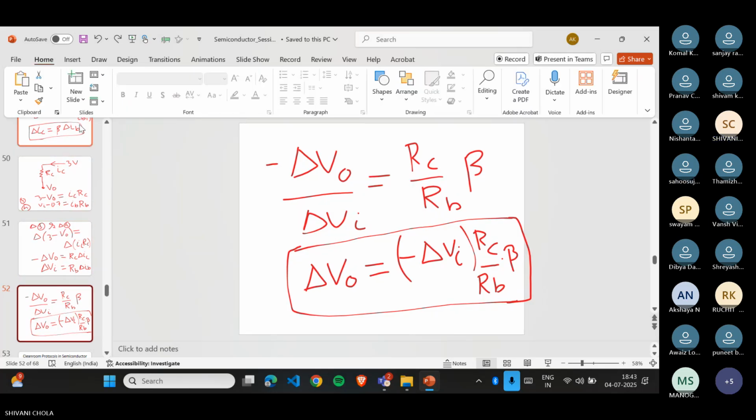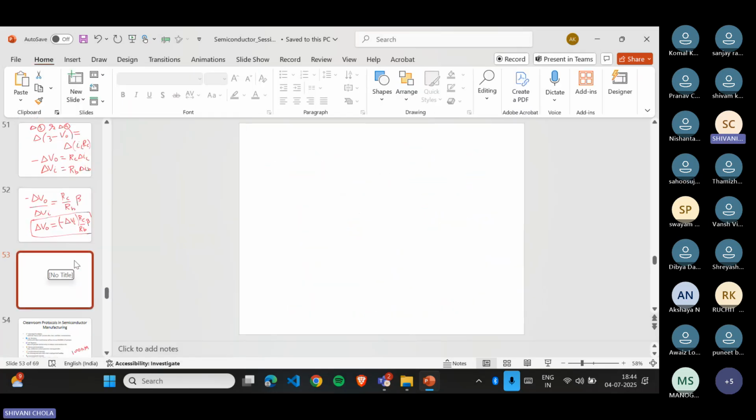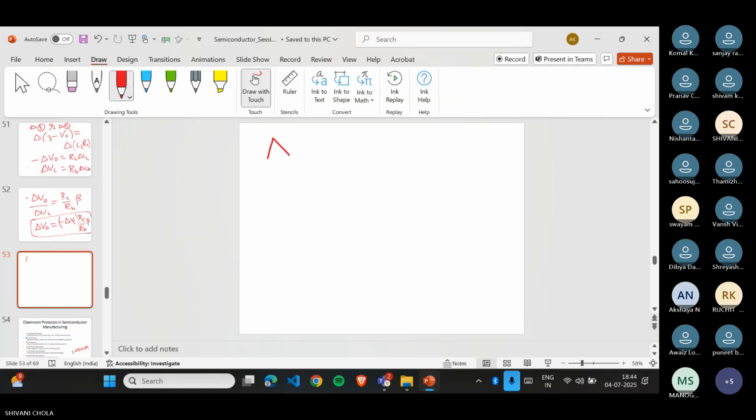So what we have, my friend, is delta VO equals minus of RC upon RB into beta into delta VI, shuffling the variables to one side.